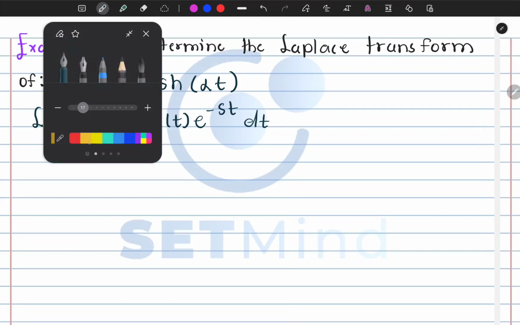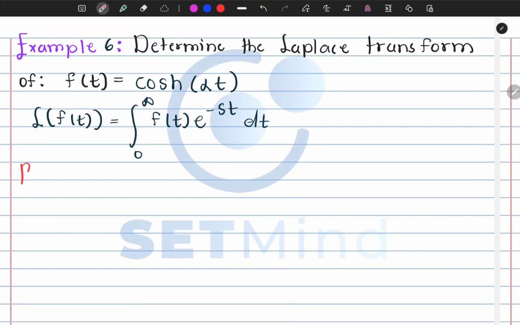What I need you to remember, which will make our life easy, is this identity here. Hyperbolic cosine of theta is the same as 1 over 2 times e to the theta plus e to the minus theta. This is what will save us.